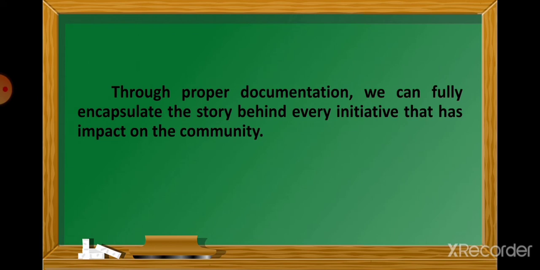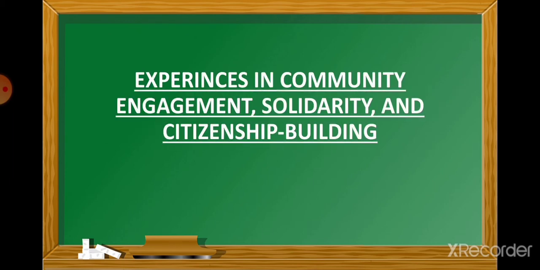So through proper documentation, we can fully encapsulate the story behind every initiative that has impact on the community. So as the last step, the process of evaluation and documentation ensures the continuity and relevance of the project. Even if a project is successful, there will always be another way to improve and scale the project to help more people and gain more insights.